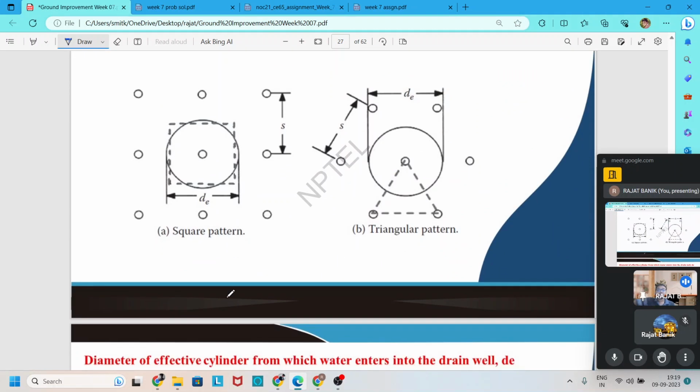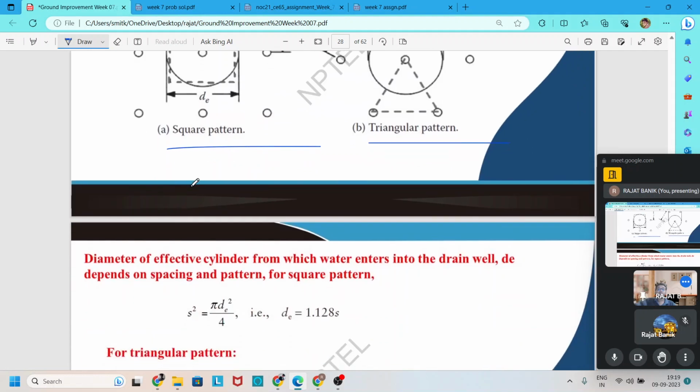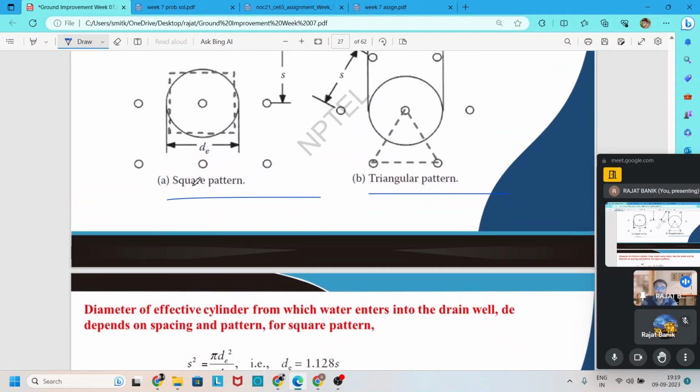Here, for this PVD, we can also use the square pattern and the triangular pattern. And for this we find out the equivalent influence area for each of these PVDs.